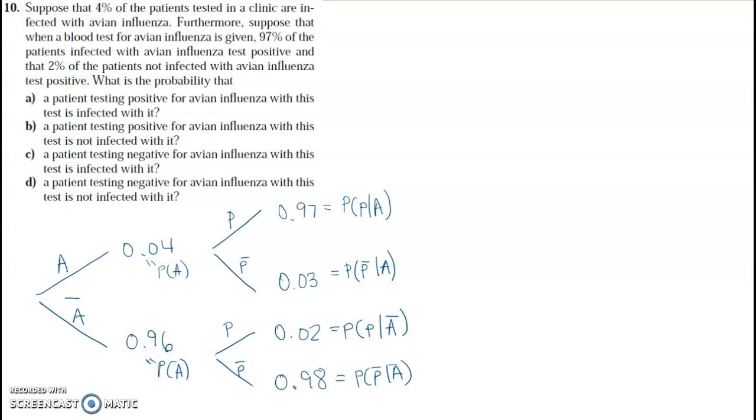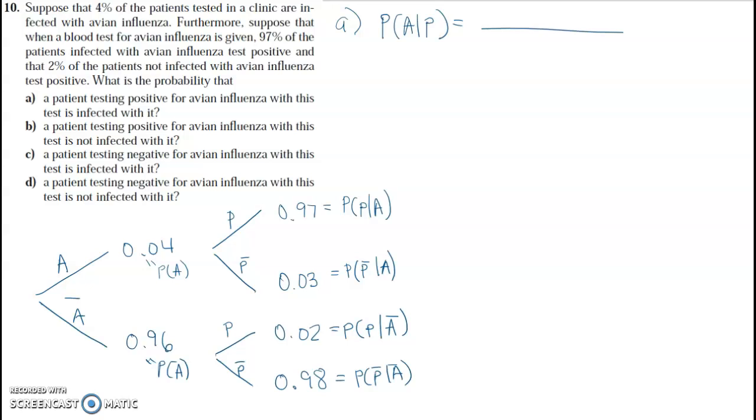I think I'm just going to do A, and I'll give you the solutions for B, C, D, just because it's a repeat of what we have been doing for the past 2 problems. So this is the probability of a patient testing positive for avian influenza with this test. So this is asking for avian influenza given positive.